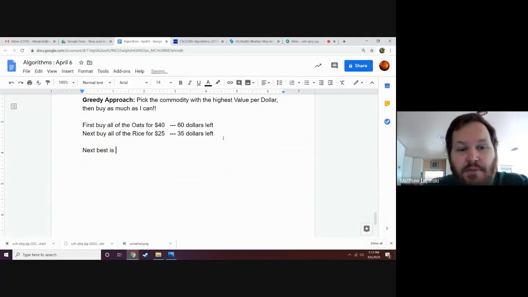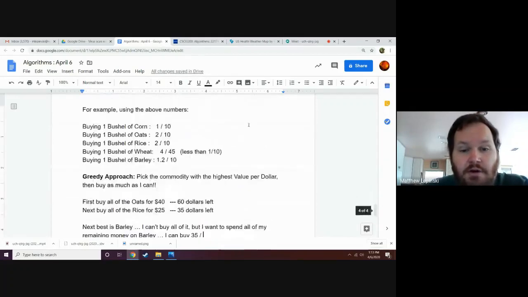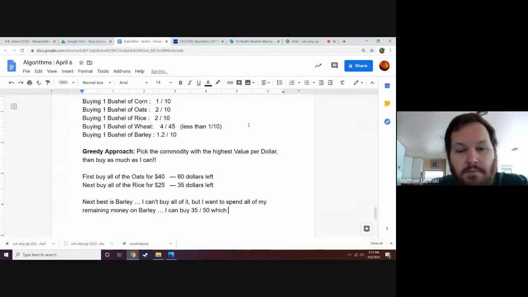Next best is barley. I can't buy all of it, but I want to spend all of my remaining money on barley. So I can buy 35 out of 50, which is 7/10 of a bushel.